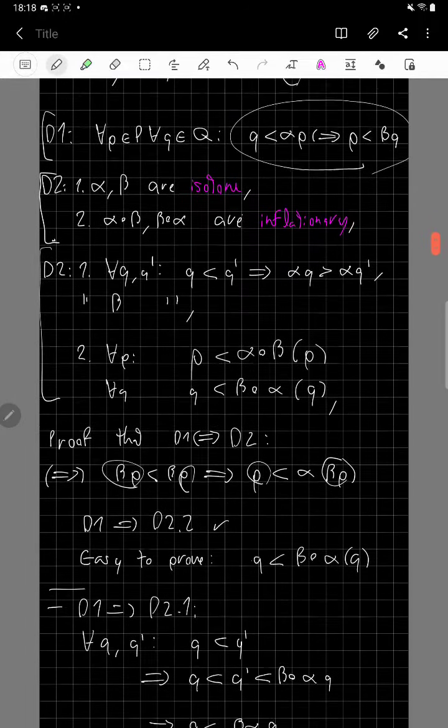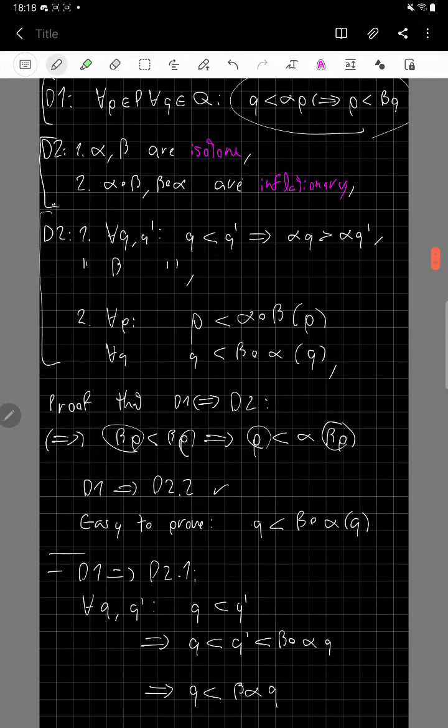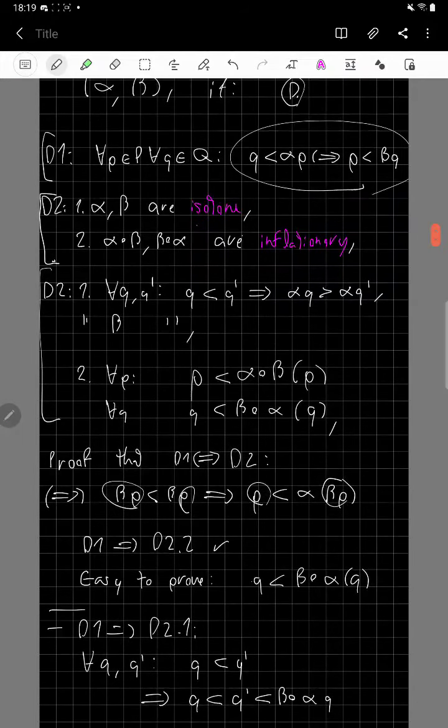Now, just as a reminder, these are definitions. We want to prove that if alpha and beta are isotone, and alpha composed beta and beta composed alpha are inflationary, then we have the Galois relationship here.